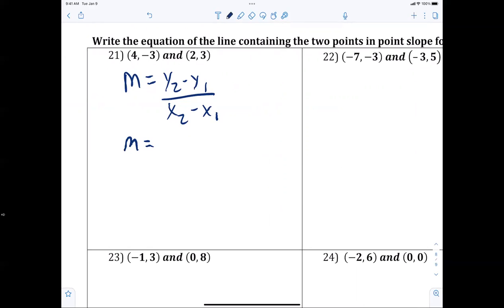Okay. So we got to go back to first grade with our counting. 3 minus negative 3 over 2 minus 4. 6 over negative 2 equals negative 3. Yeah, but you didn't say it loud because you were afraid you were wrong. So you don't say anything because heaven forbid you get something wrong.